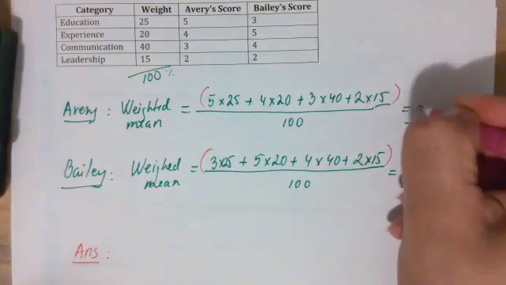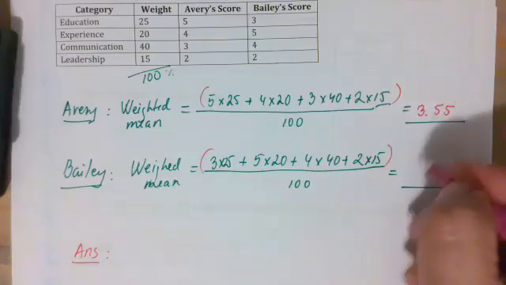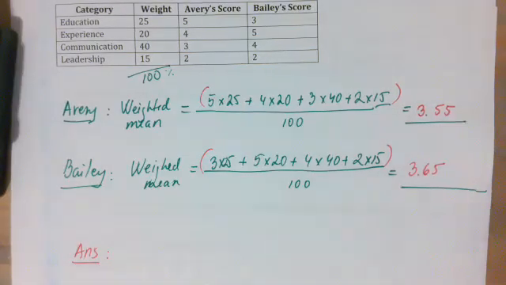So I got 3.55 for Avery and 3.65 for Bailey.